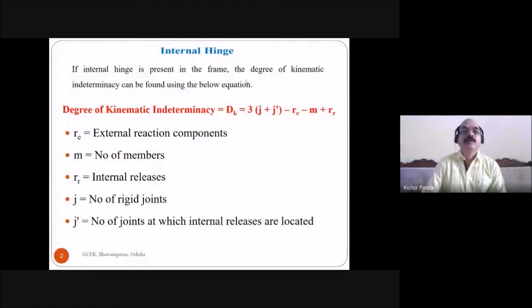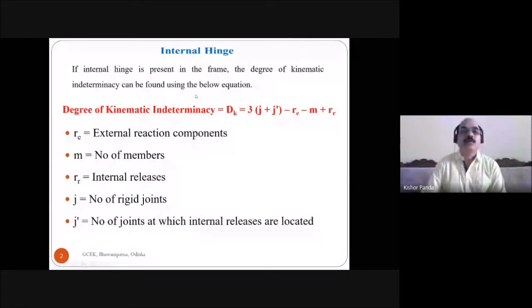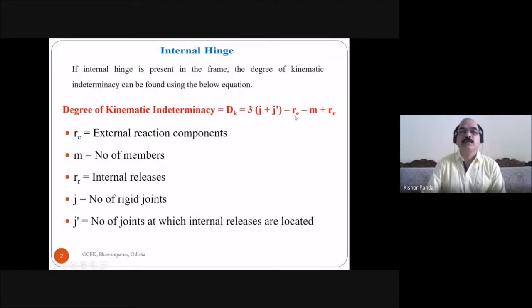But if the frame has an internal hinge in any member, in that case you can find out the degree of kinematic indeterminacy using this formula: dk is equal to 3j plus z dash minus re minus m plus rr, where re is the external reaction components, m is the number of members, rr is the internal release, j is the number of rigid joints, and z dash is the number of joints at which internal releases are located.